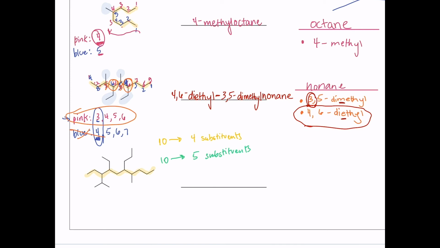Okay, so when you have two different chains that have the same length, that could be the parent chain, you want to choose the one that has the most substituents. Alrighty, so we're going to go with the green way here.